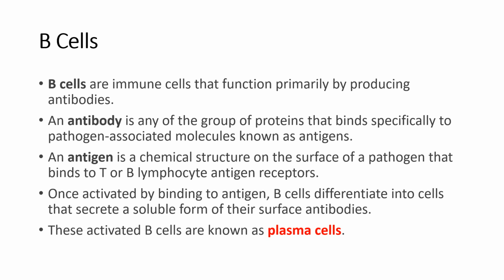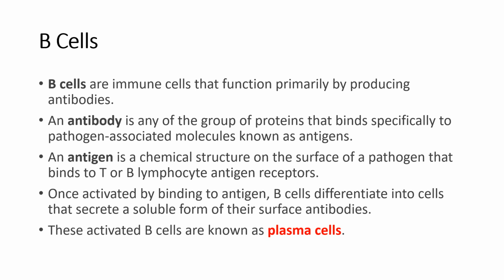B cells are immune cells. They are lymphocytes, white blood cells, that function primarily by producing antibodies. An antibody is any of the group of proteins that binds specifically, like a lock and key, to pathogen-associated molecules. So molecules that are on specific microorganisms known as antigens. So an antibody is produced against an antigen.